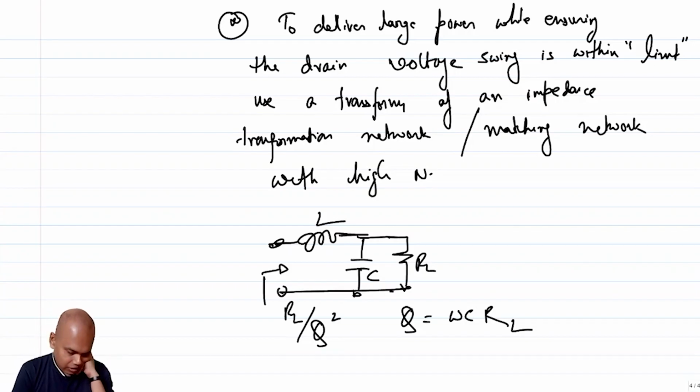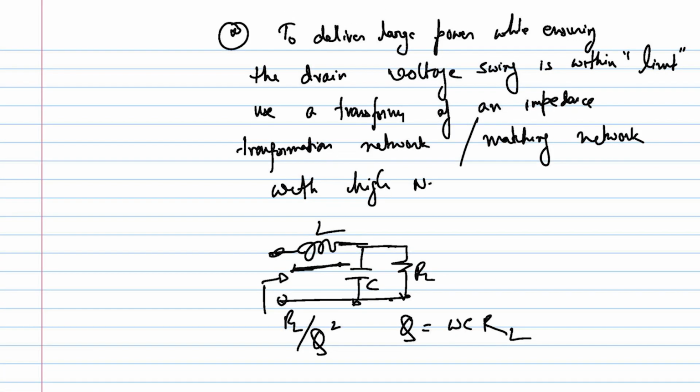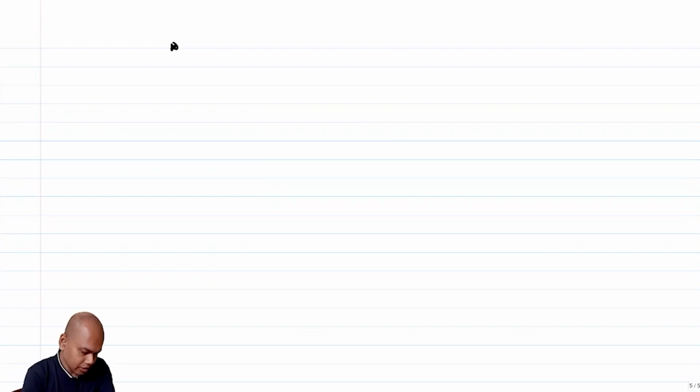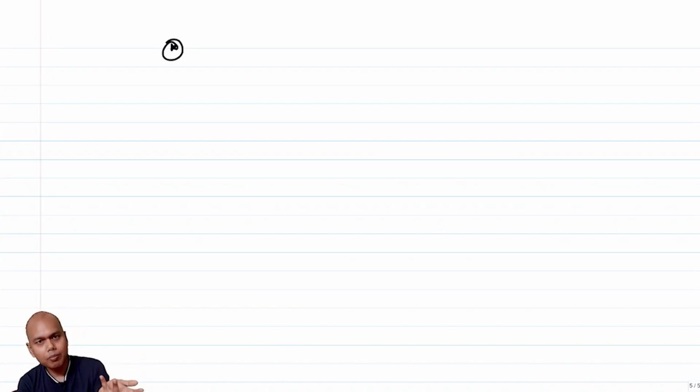Okay, so now that seems simple, but whenever something seems too simple, you should question whether there's something hidden which I am not telling you. One of the main specifications of a PA, because we are talking about delivering hundreds of milliwatts of power, is efficiency.